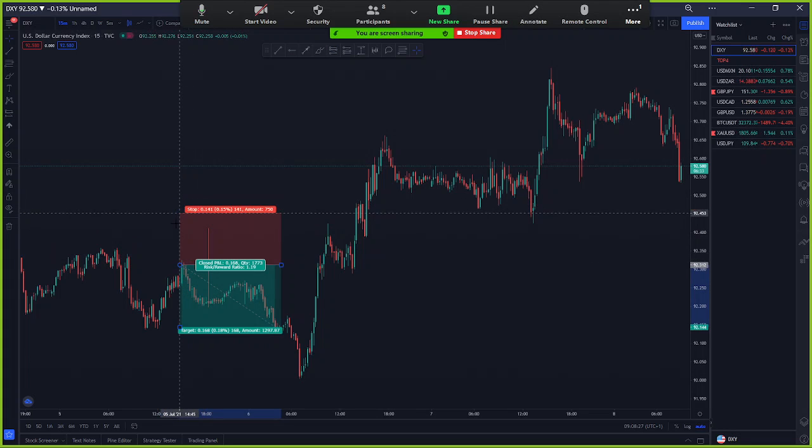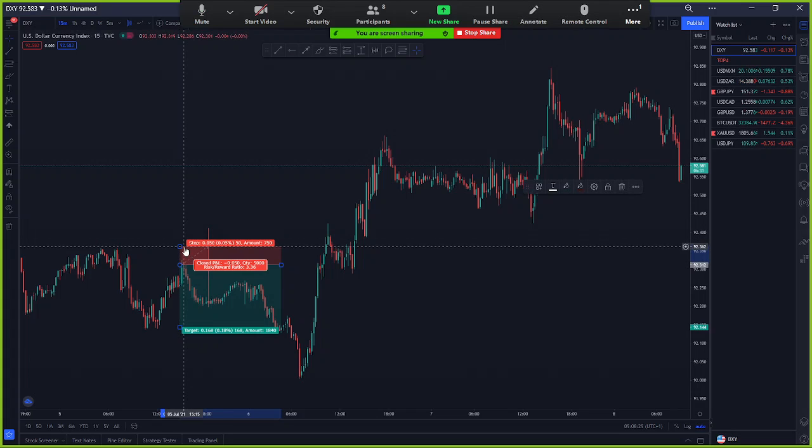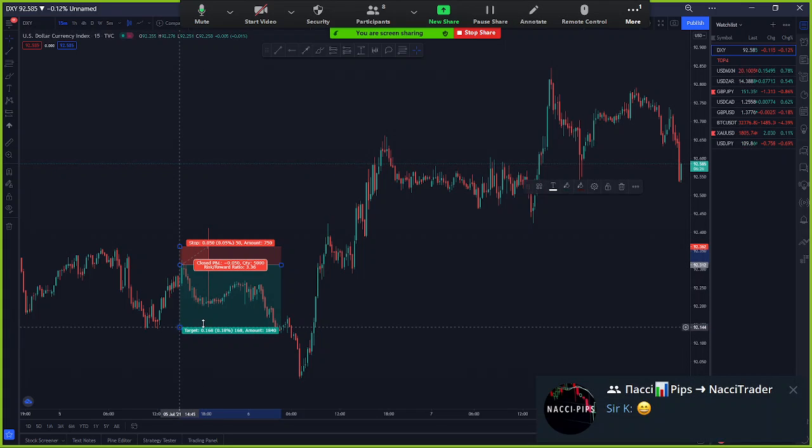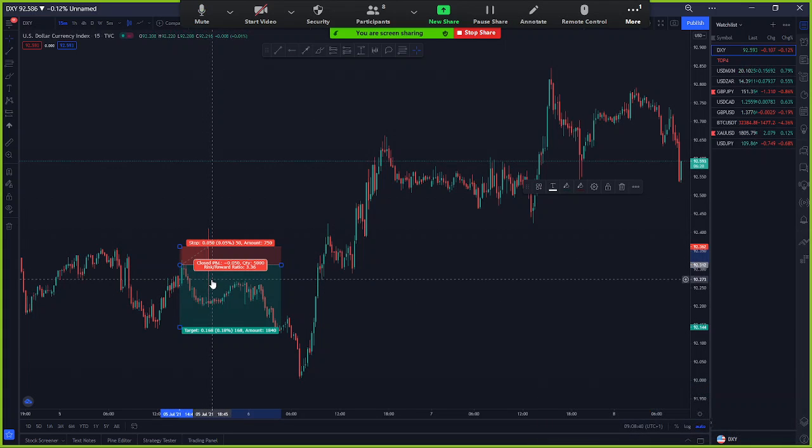My stop loss was here, and my take profit was this. You see that we had the move. I think it was probably fundamental, but overall we still had the bearish move. That's why you need to use a stop loss, and you also limit your risk.